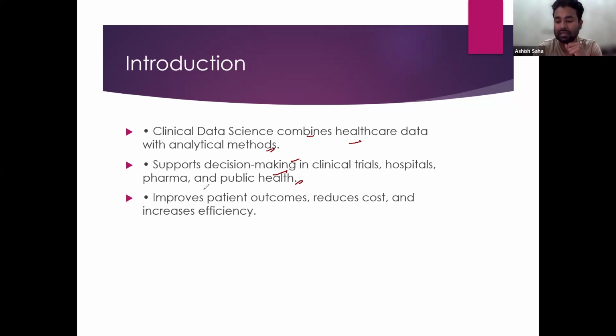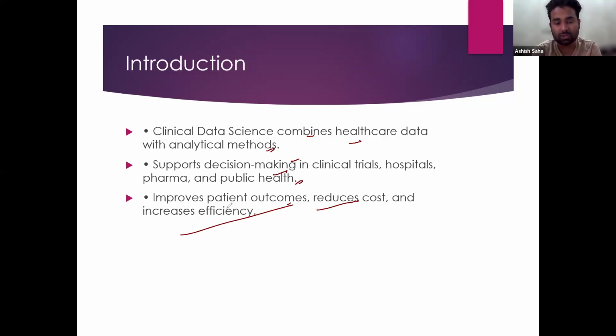The next one is that it improves patient outcomes, reduces cost, and increases efficiency. With the help of data science, it helps me improve the patient outcome, like knowing what type of disease the person has.